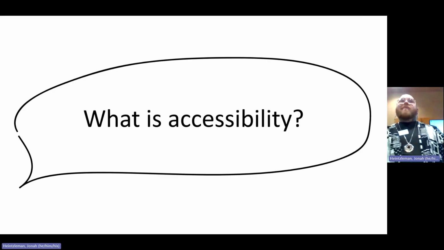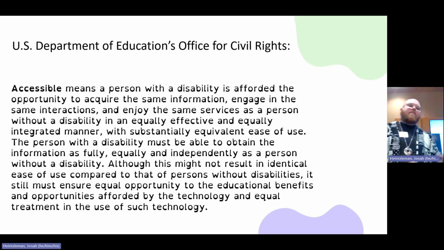So the first topic: what is accessibility? The United States Department of Education's Office for Civil Rights has a pretty big chunk of a definition. Accessible means a person with a disability is afforded opportunity to acquire the same information, engage in the same interactions, and enjoy the same services as a person without a disability in an equally effective and equally integrated manner, with substantially equivalent ease of use.